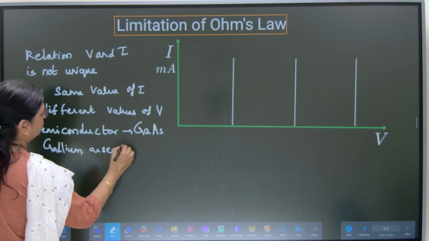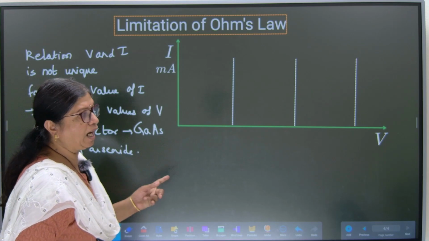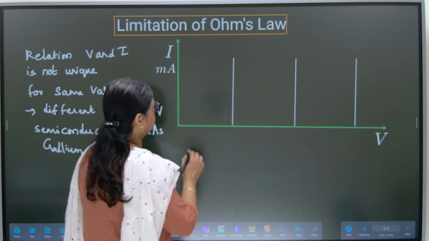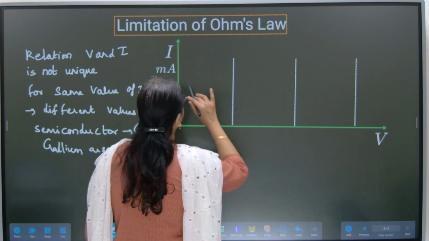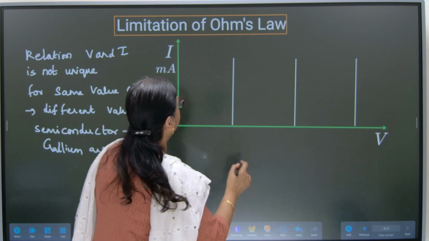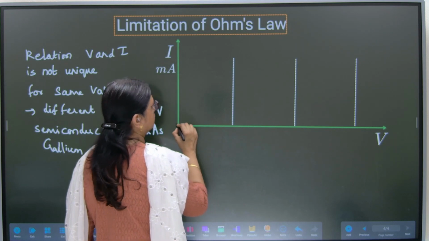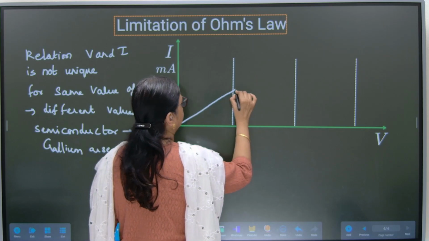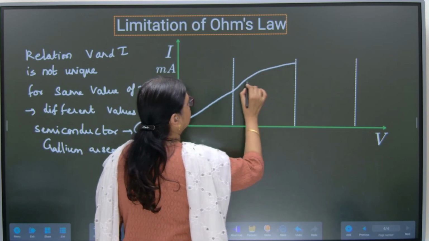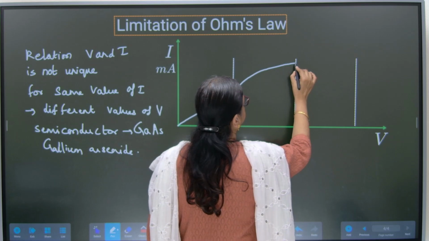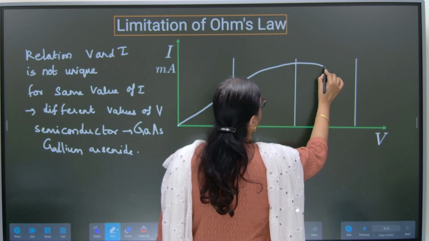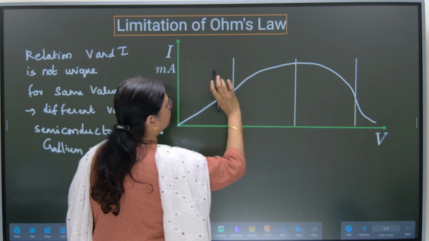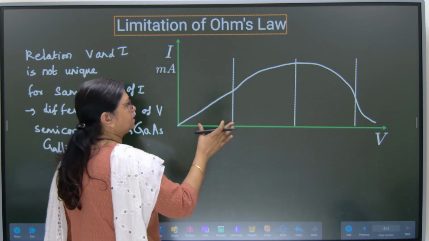Let us plot a graph for Ohm's law for such an example, in which the x-axis is V and the y-axis is the current, where we have divided the graph into three sections. One portion goes linear, then the linearity is lost, and then for the same value of I, we get different values for V. First let us label the sections.